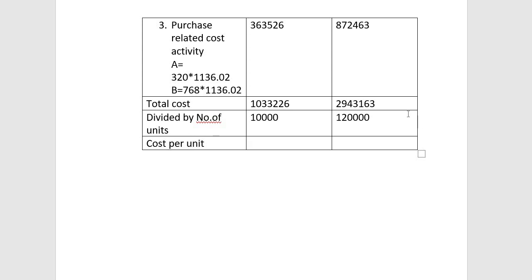Total cost divided by number of units: 10,33,226 divided by 10,000 is 103.32 cost per unit. Next, rupees 24.52 for product B. This is the cost per unit under ABC costing. Thank you.